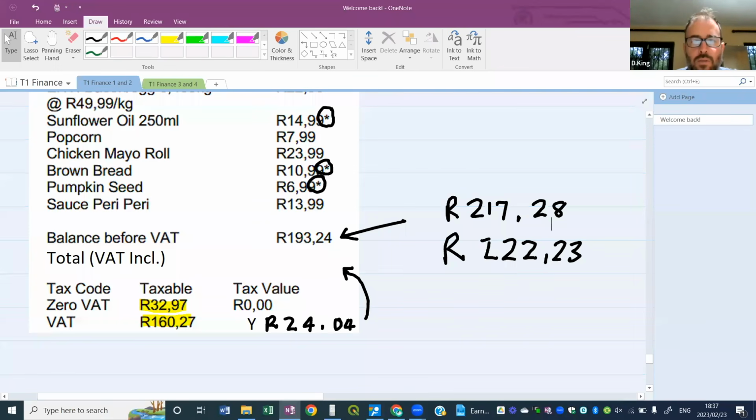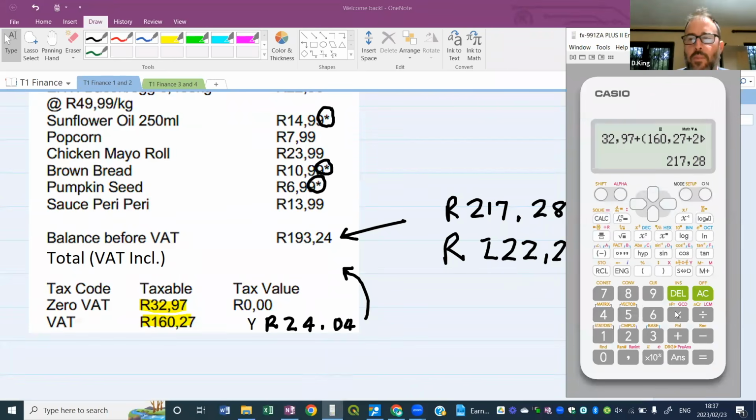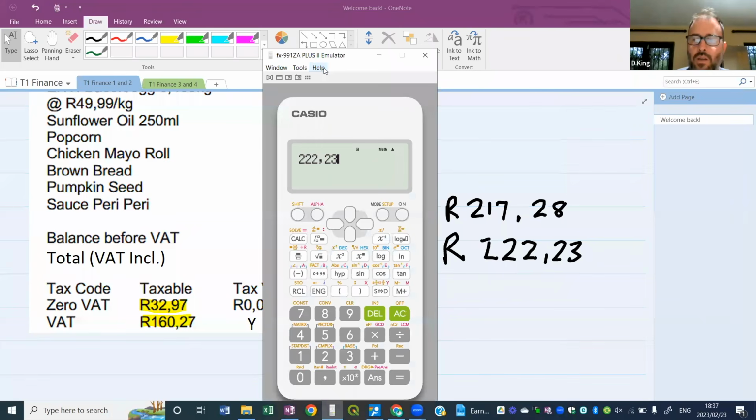So how much did we save on this shopping list because of zero VAT rated items? So let's do a calculation here. 222.23 subtract 217.28, and we saved 4.95, which is not much.